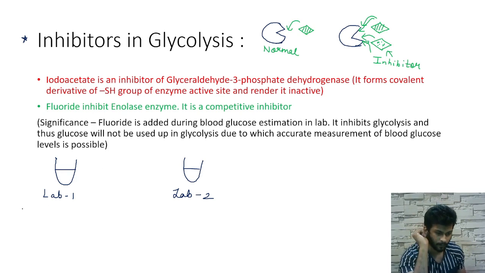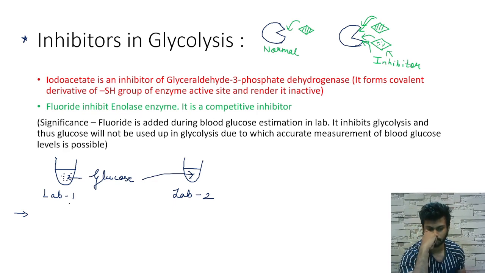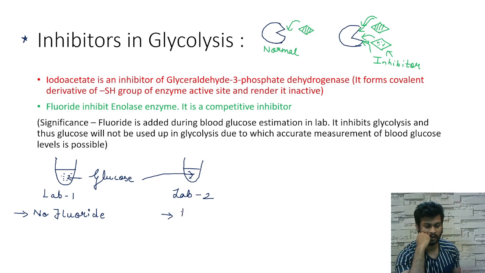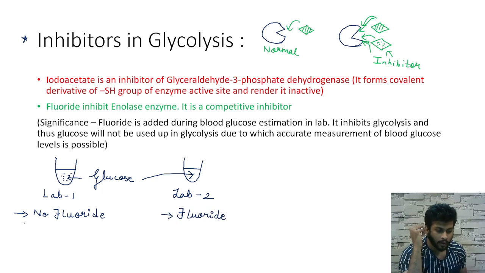Why? Suppose here in the test tube is blood and blood has glucose. Suppose lab 1, according to their lab protocol, doesn't add fluoride in their blood glucose estimation SOP, and lab 2 adds fluoride.